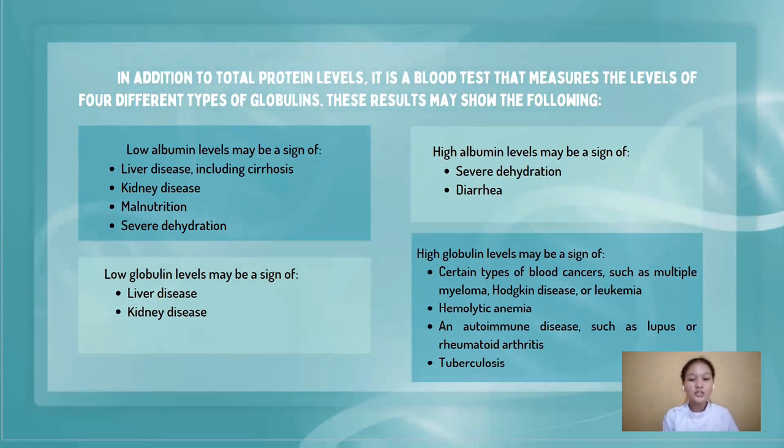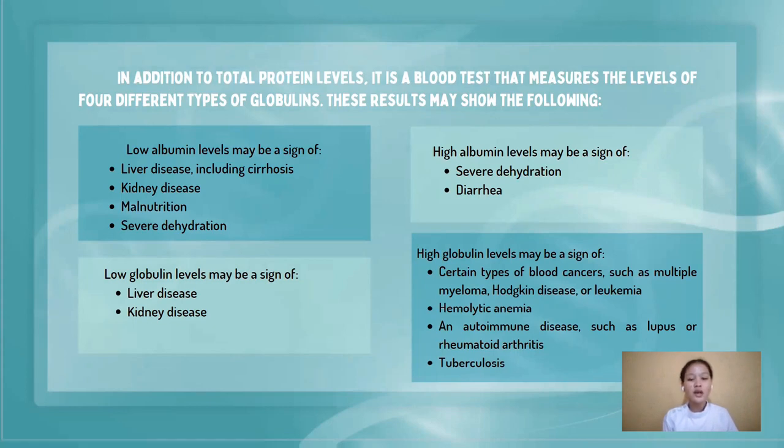If a person has low albumin levels, it may be a sign of liver disease, including cirrhosis, kidney disease, malnutrition, and thyroid diseases. But if a person has high albumin levels, it may be a sign of severe dehydration and diarrhea. On the other hand, if a person has low globulin levels, it may be a sign of liver disease and kidney diseases.